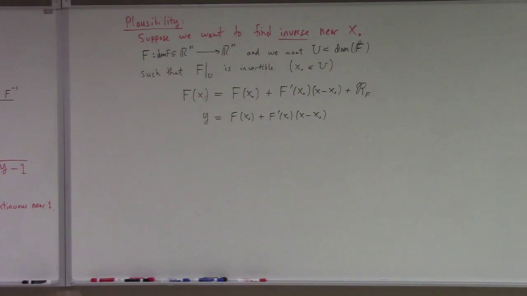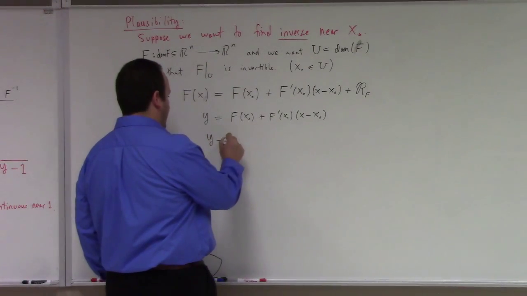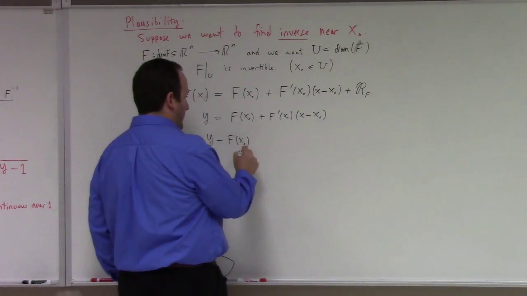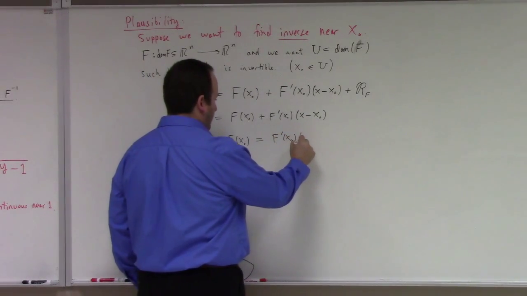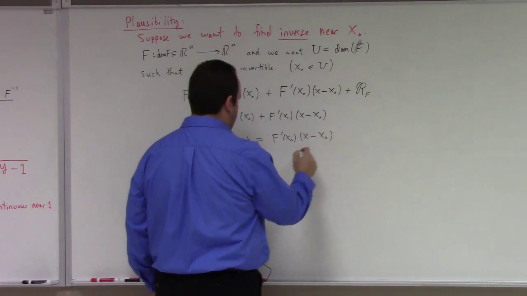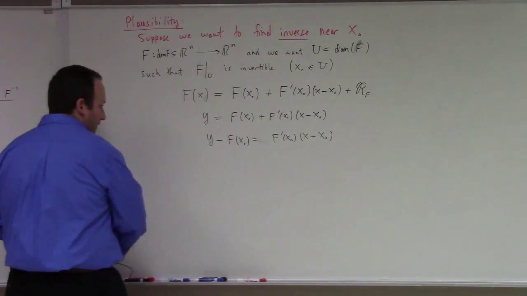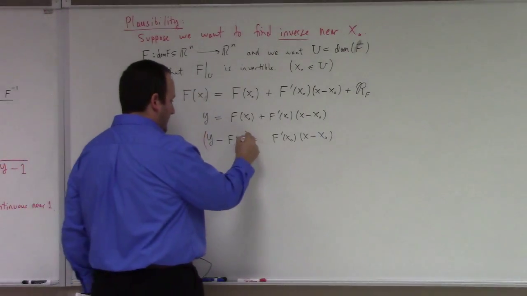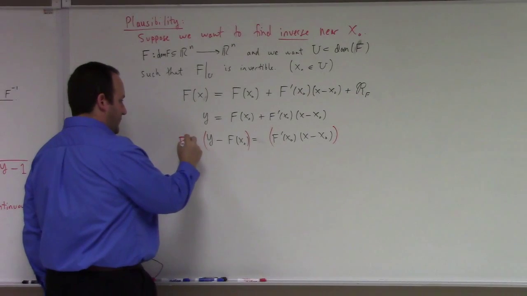So our goal then is to solve for x. So I get y minus f of x naught is equal to f prime of x naught times x minus x naught. Then what do I do? I would say divide, but we're working with f prime as a matrix, right? So let's say multiply by f prime of x naught what?